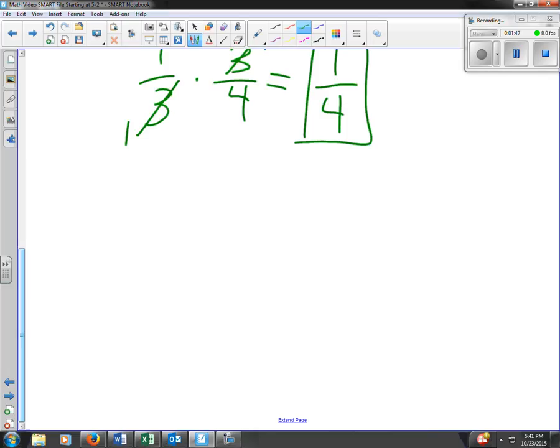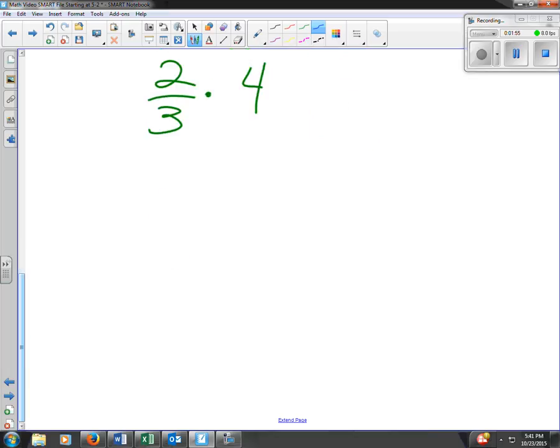Okay. Another one, 2/3 times 4, the whole number. And if you don't know how to do this, I'm going to go get Mrs. Mulligan or Mrs. Melton. You obviously put the 4/1 and you multiply straight across. You get 4 times 2 is 8, 3 times 1 is 3. And you do not leave anything as an improper fraction.